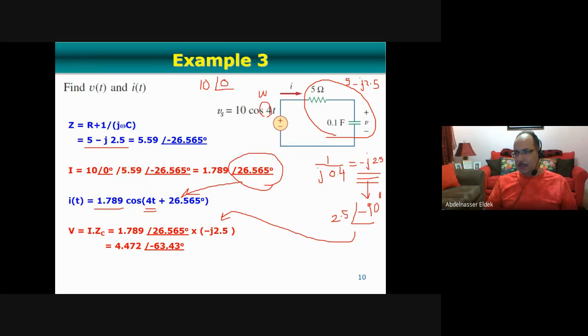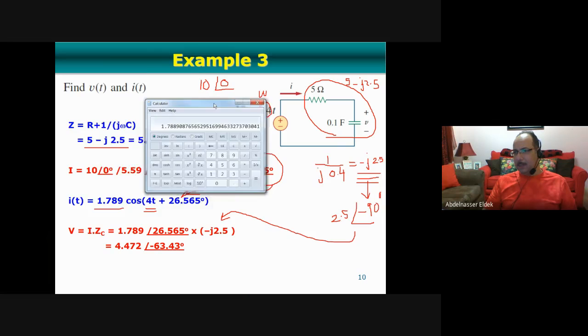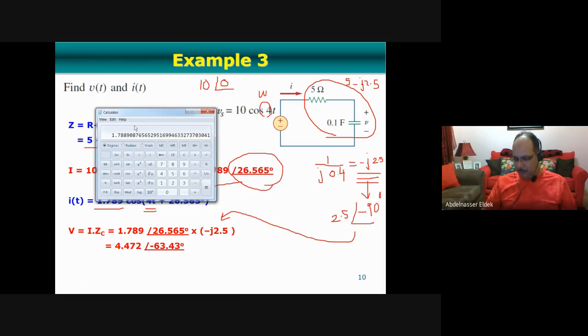You're supposed to remove this negative j 2.5 and replace it by this. Now you multiply the amplitudes: 1.789 times 2.5 will be 4.472.